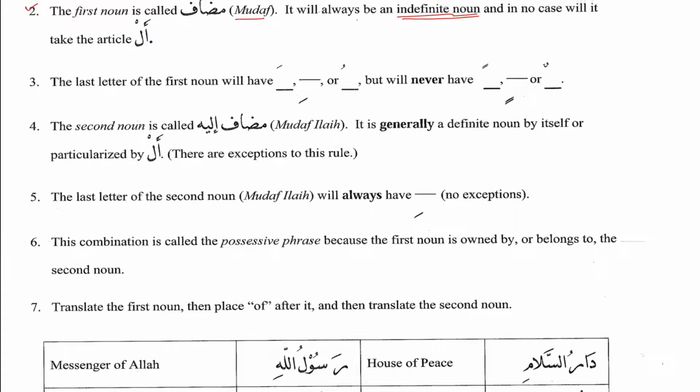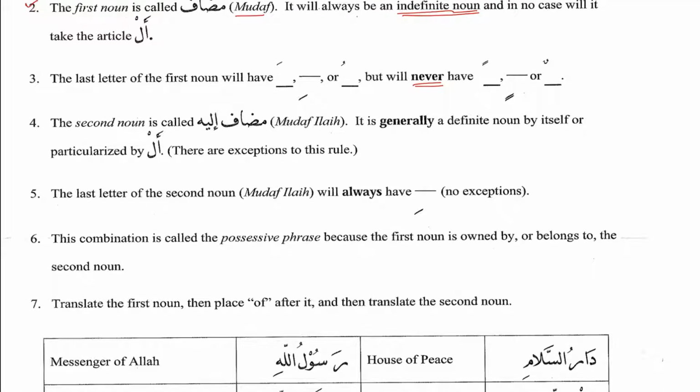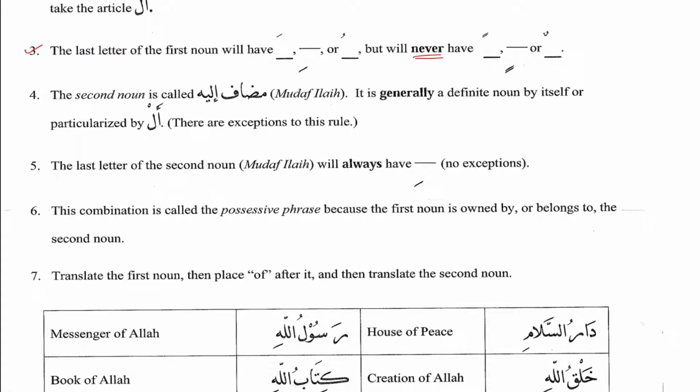And the last letter of the mudaf, the first noun, will never have a tanween, neither fatha tanween, kasra tanween, nor dhamma tanween. It will always have a single vowel, a single i'rab.